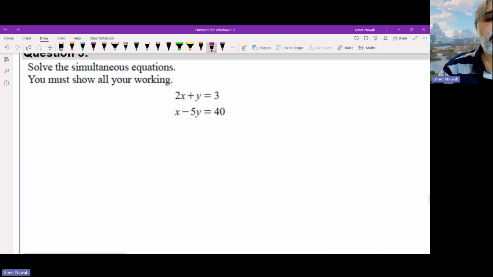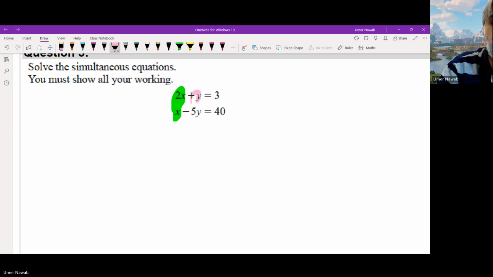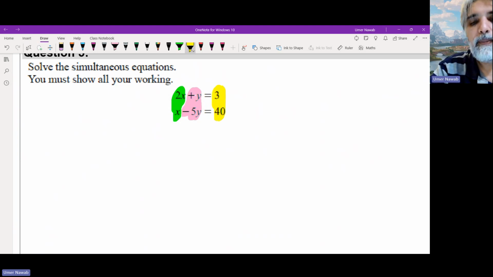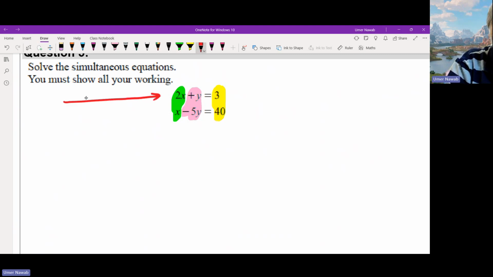Now we go to question number 5. In question number 5, we have standard form: x under x, y under y, and constants under constants. I will definitely multiply the first equation with 5.